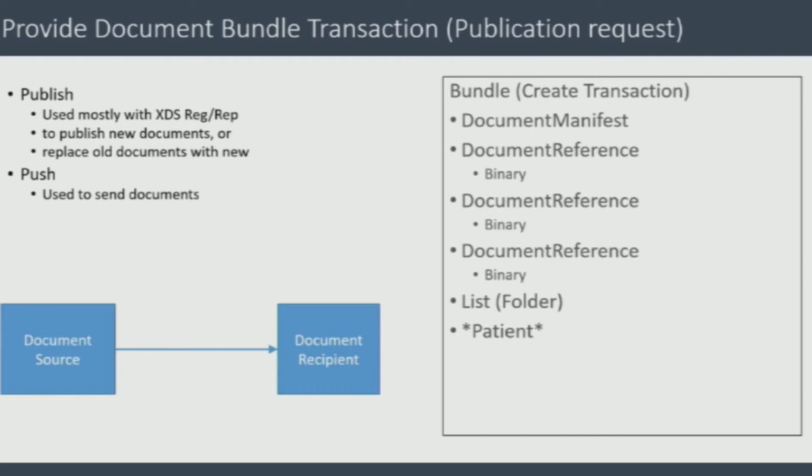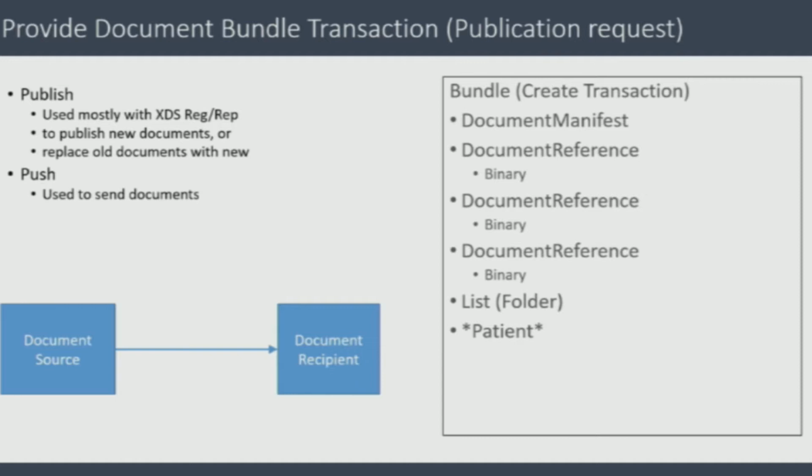Essentially, it creates a bundle transaction in create mode, with one document manifest and one or more document references. Each document reference points to a binary, and the binary is the document itself. So if it's a CDA document, you base64 the CDA into this binary resource.